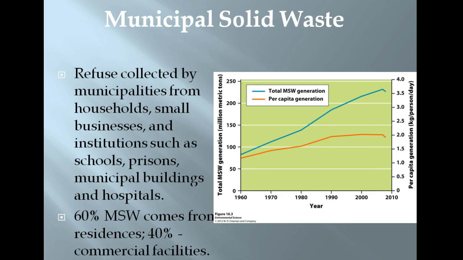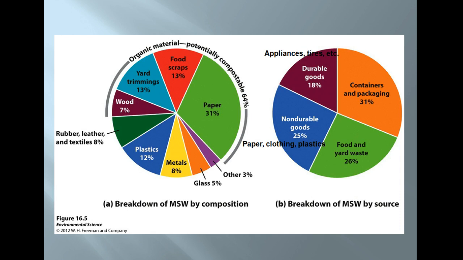If you notice from the graph, as would sound logical with population growth, and as we continue to be a throwaway society, the total amount of waste generated per capita and per person is a lot of trash. And if you notice at the very end, starting at about 2008, it actually started to go down a little bit, and we'll talk about that.